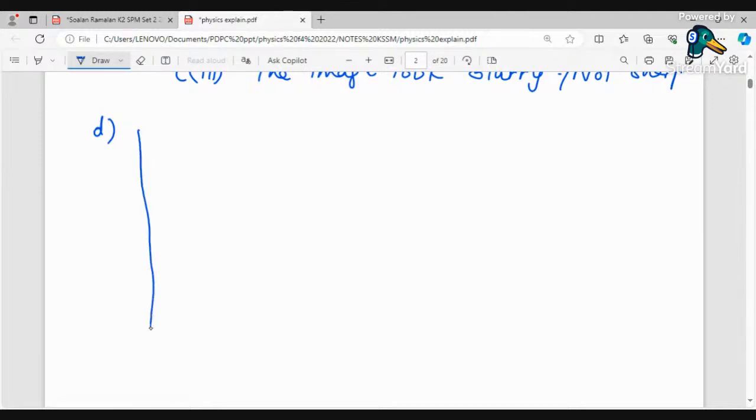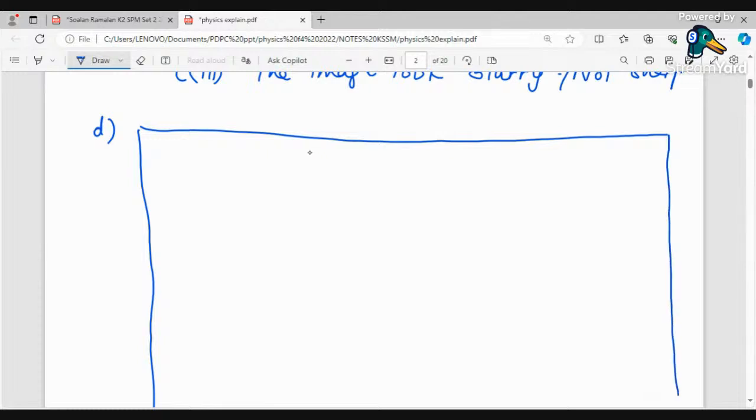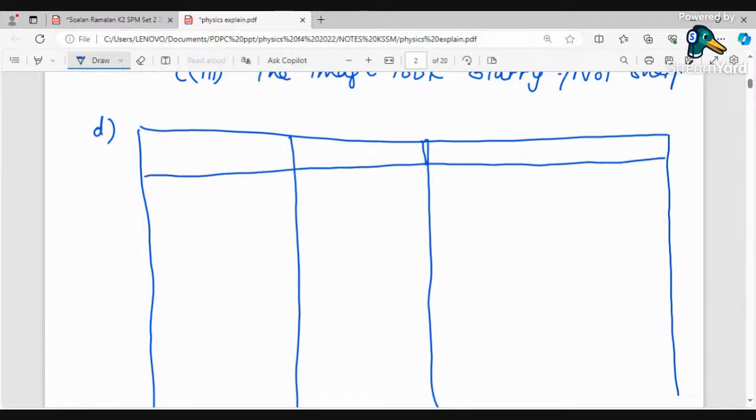Okay, aspect, characteristic, explanation. Explain kenapa you pilih dia. Okay, kalau you nak buat numbering pun okay, tak ada masalah.